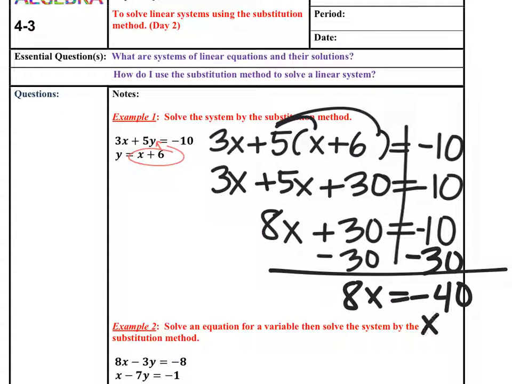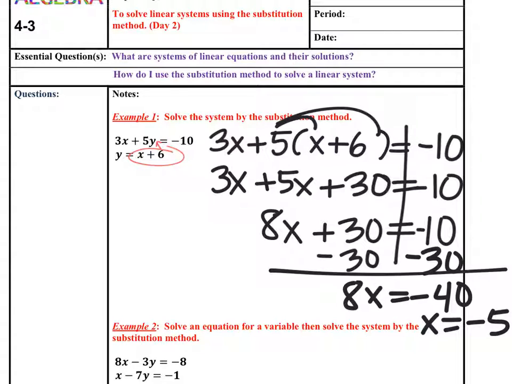So it'd be x equals negative 5. Okay, we got x equals negative 5, but you have a system of equations, which means you need two variables. So what should I do with that x equals negative 5 now? Catherine? Right.